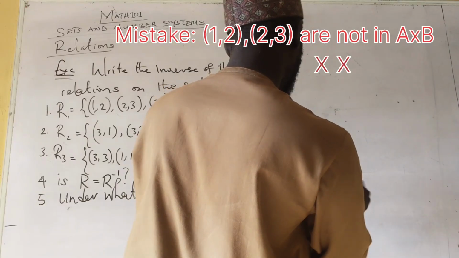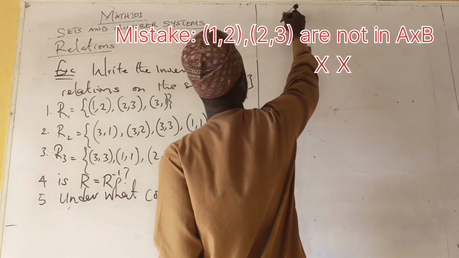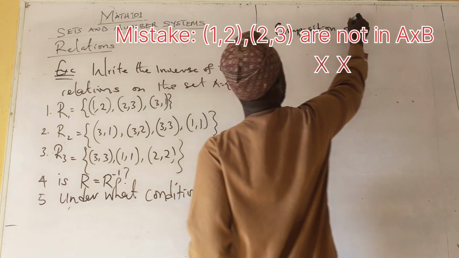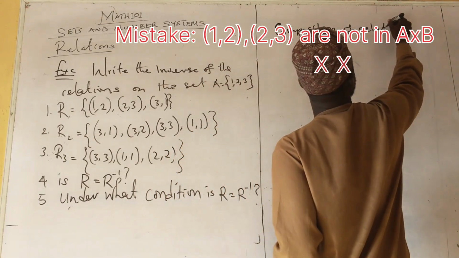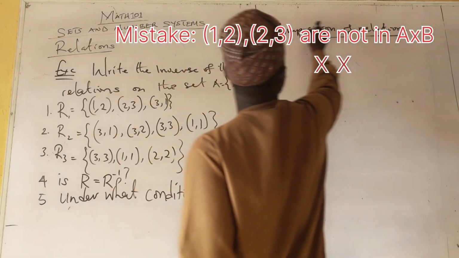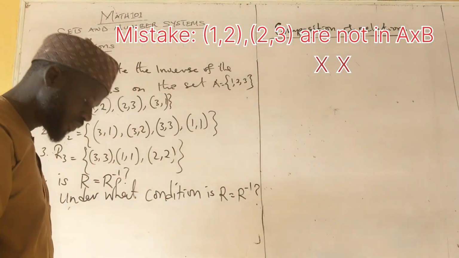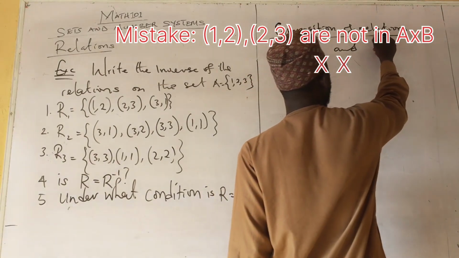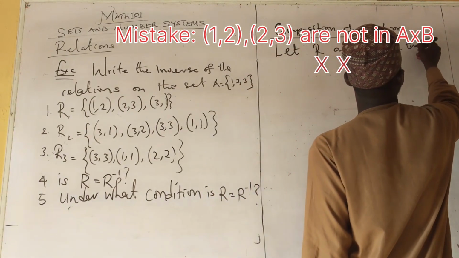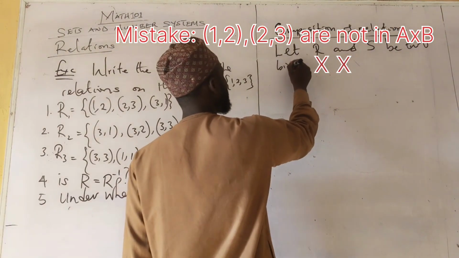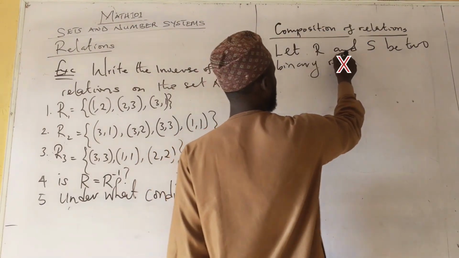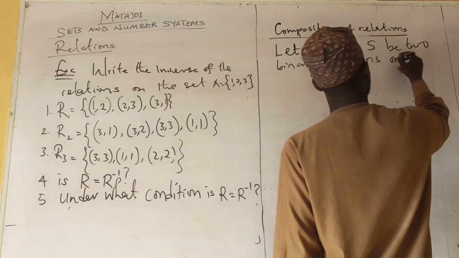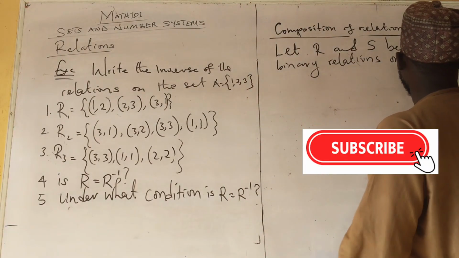So now, because we have understood what a relation is, let's talk about composition of relations. How do we compose relations? Let R and S be two binary relations on any set.